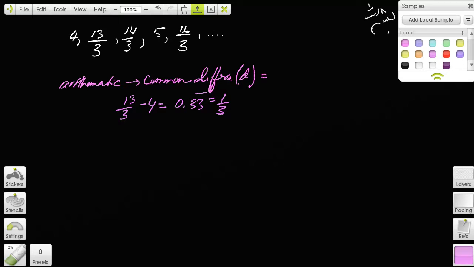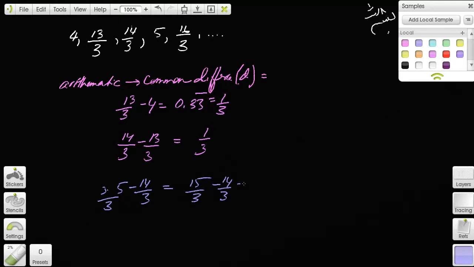Then 14 over 3 minus 13 over 3, with a common denominator, that's 1/3. That looks pretty good so far. How about 5 minus 14 over 3? That's 15 over 3 minus 14 over 3, which is 1/3.